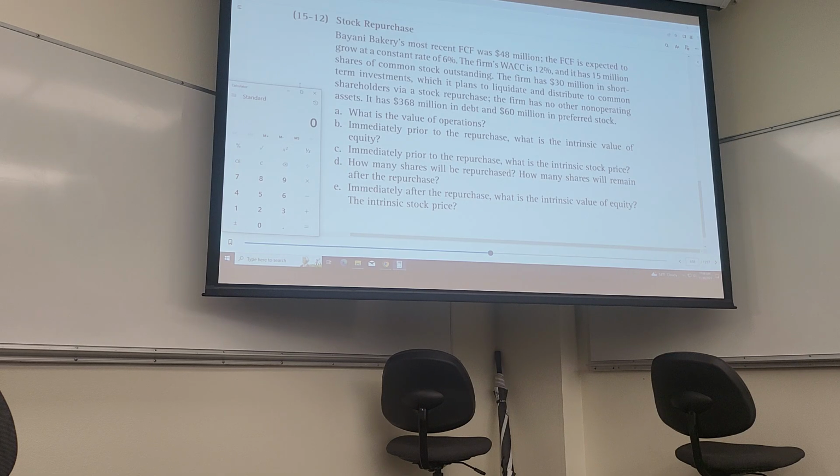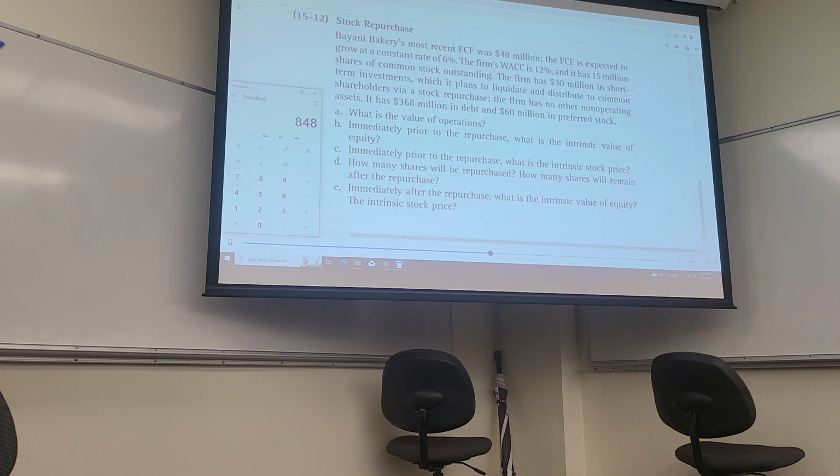So let's see, what's 48 increased by 6%? That is going to be 50.88 over 6% difference. So divide by 0.06, 848. So that's going to be $848 million there. We got 30 million short-term investments, non-operating assets. So 878 million.